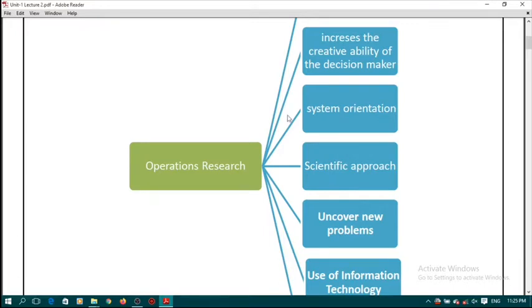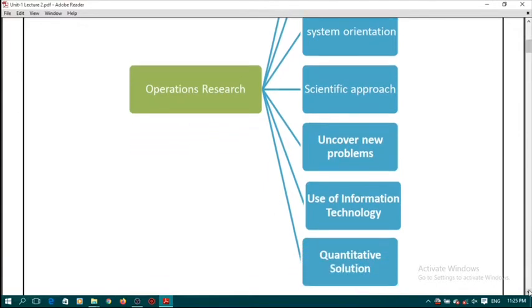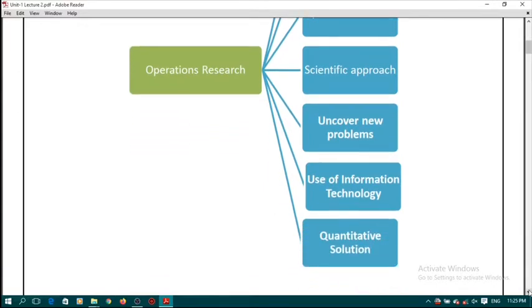Now, the next is, operation research is a scientific approach. It is a very key scientific approach because we analyze each and every aspect. We apply different scientific methods to solve those problems, and that's why it is a scientific approach. Now, operation research uncovers new problems.